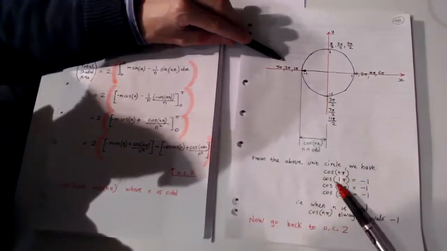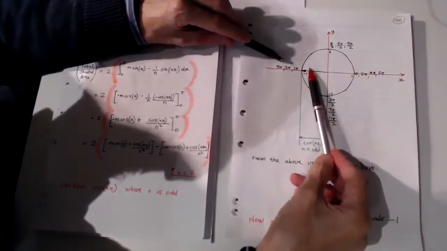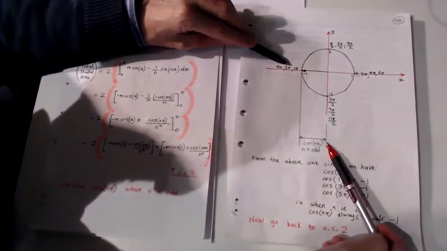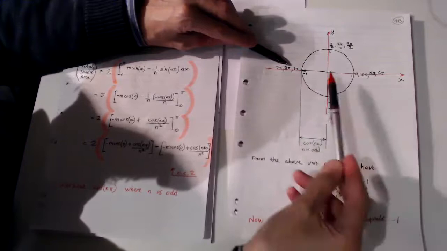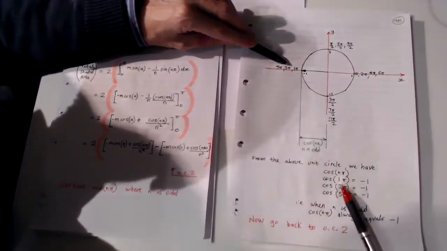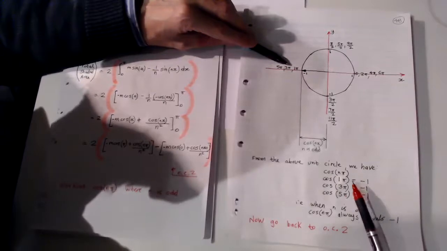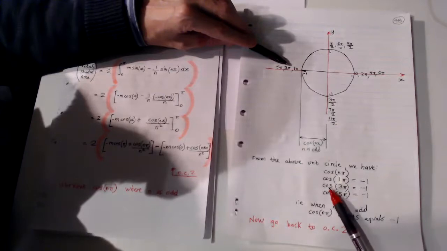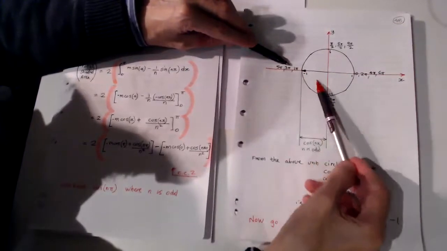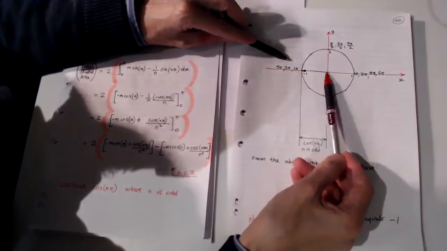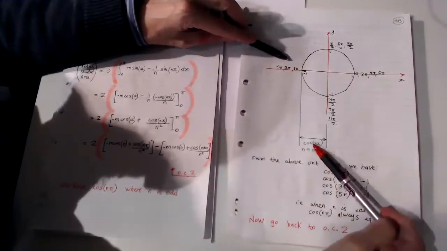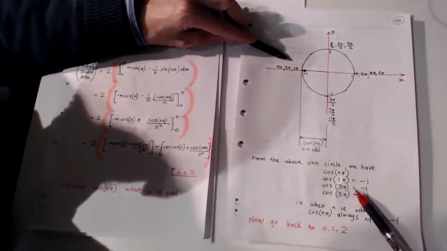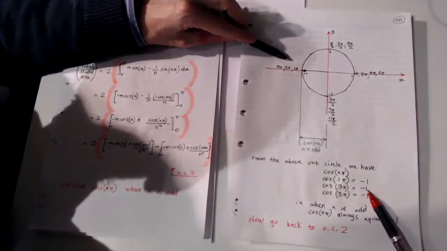We go to 1 pi, put a stick there, and because cos is always the horizontal distance on the unit circle, that horizontal distance is -1. The next time n is odd is when n equals 3. To work out cos 3 pi, we go to the angle 3 pi, put a stick there, and the horizontal distance is -1. So cos 3 pi is -1.